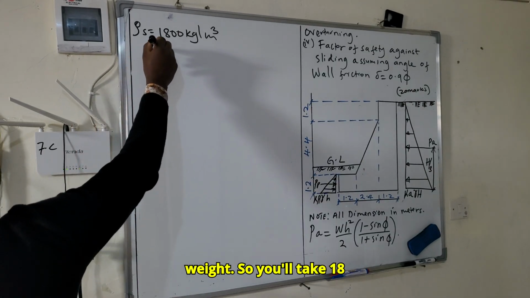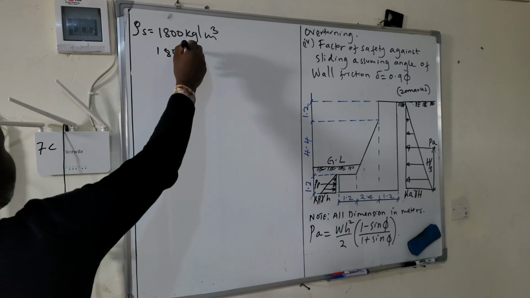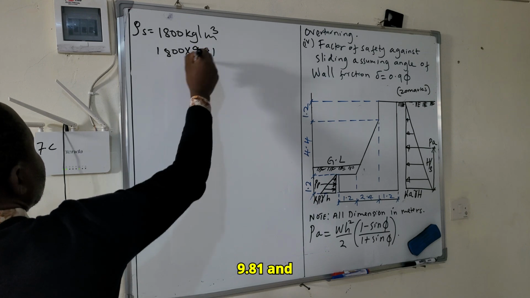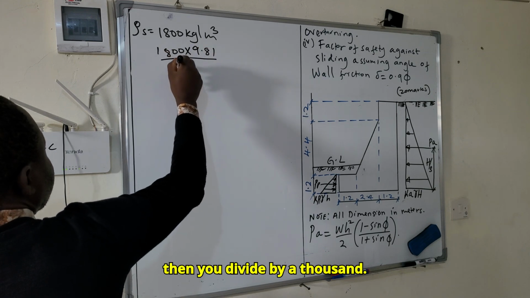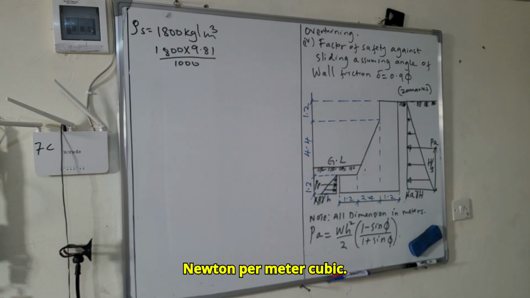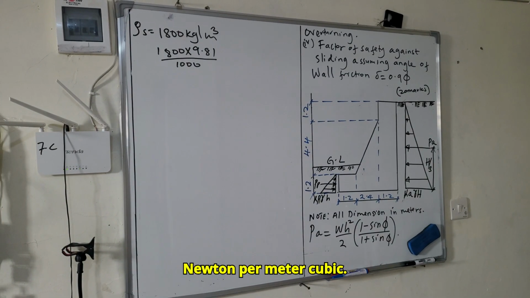So you will take 1.8 times 9.81 and then divide by 1,000. We are converting to Newton per meter cubic.